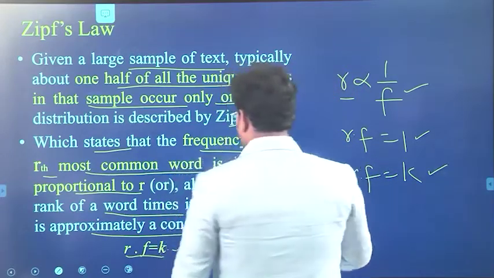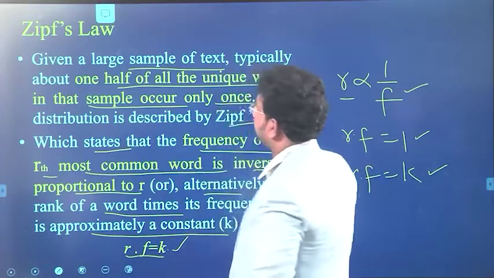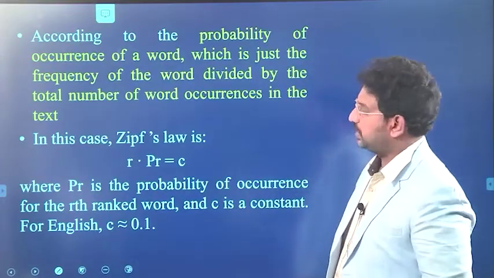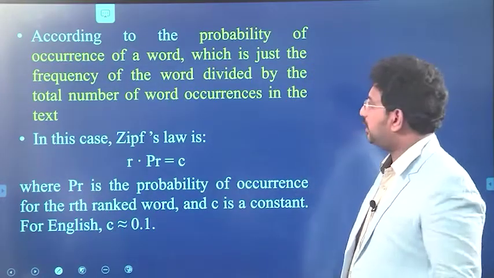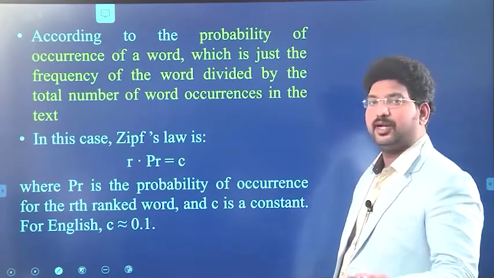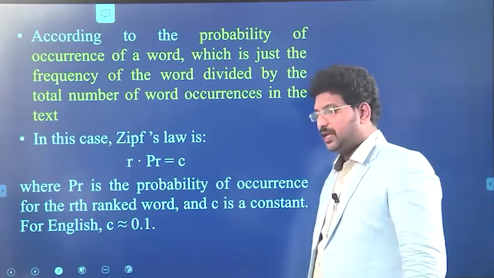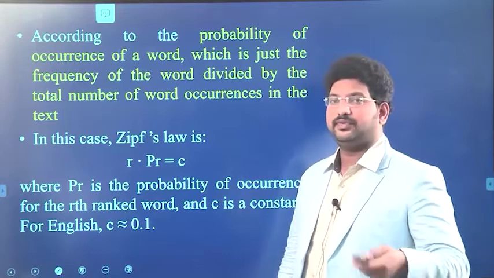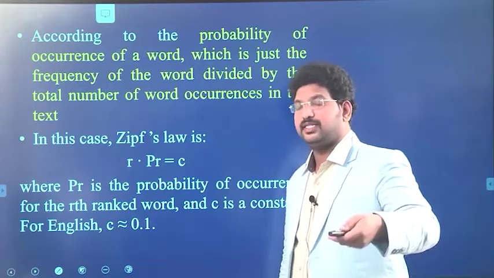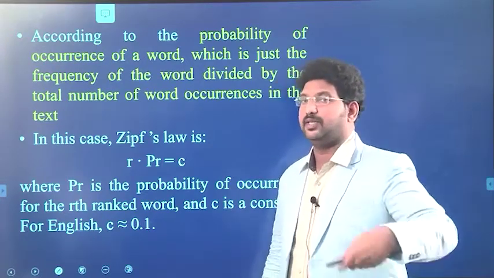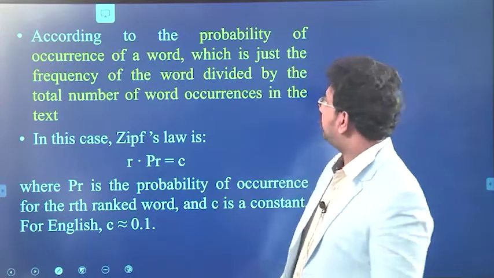So this is about Zipf's law, and there are some more details when we go in an elaborated manner according to the probability of occurrence. What is the chance of that particular word occurring?